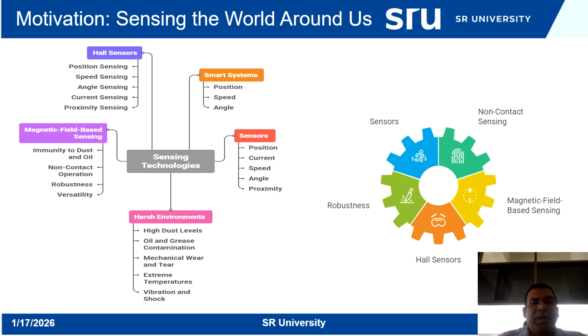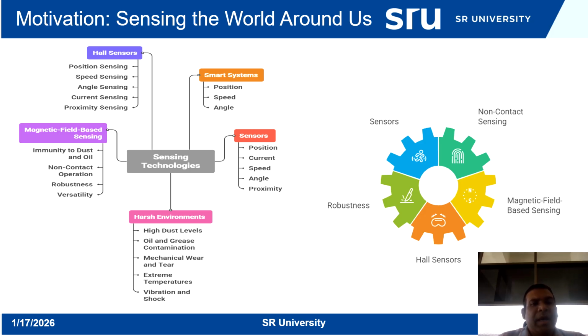Harsh environments can include conditions such as high dust levels. Dust particles can interfere with optical sensors and clog the mechanical components. Then oil and gas contamination, like oil and grease, can coat sensor surfaces, affecting their accuracy and potentially causing damage.